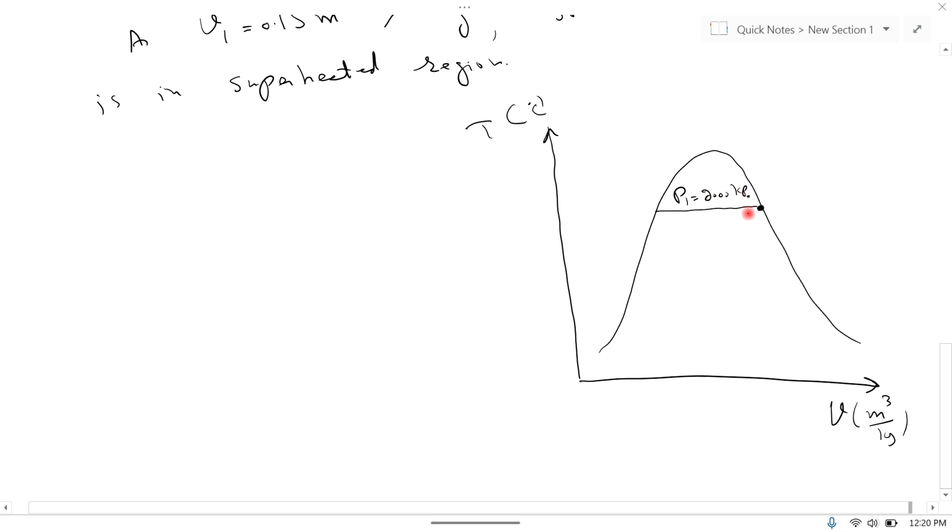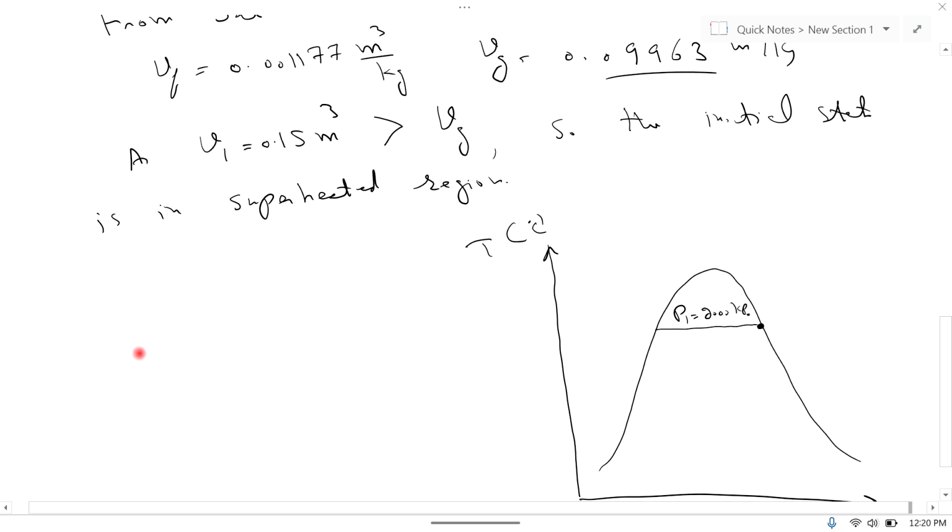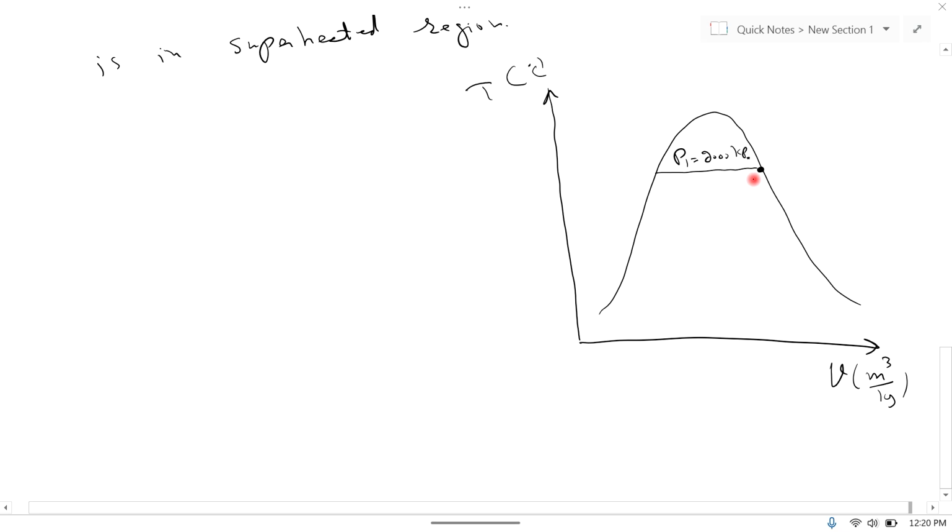So Vg is equal to 0.09963, 0.099 meter cube per kg. But V1 is more than this value. It means that V1 will be here. This is V1, V1 is equal to 0.15 meter cube per kg. So it means that it is in superheated region.